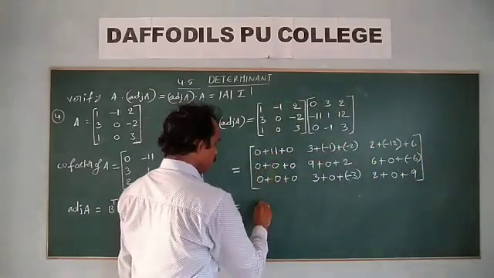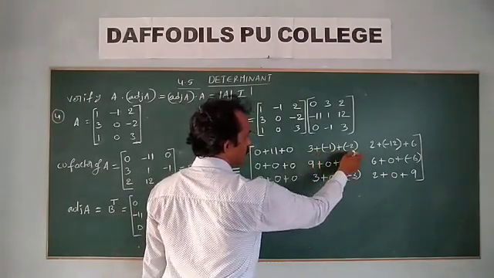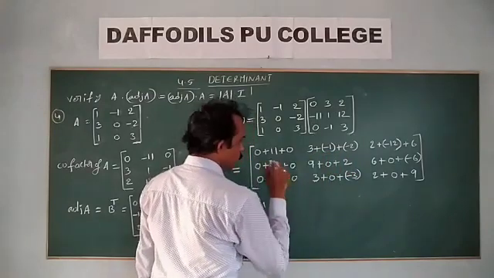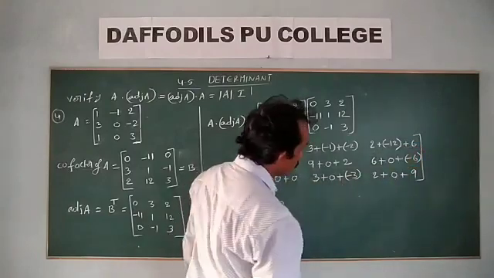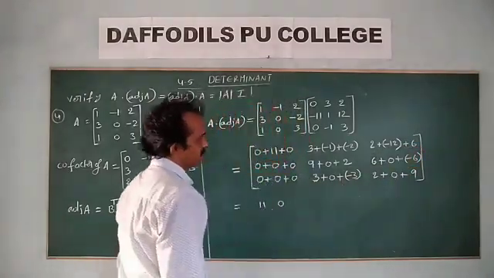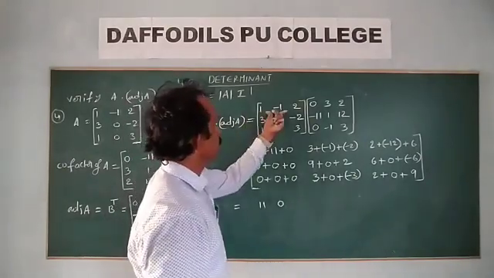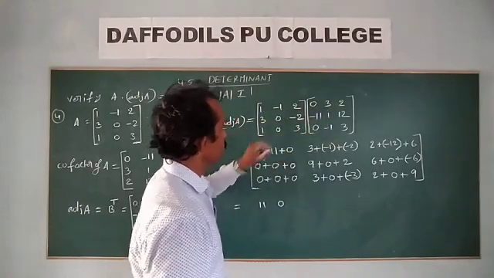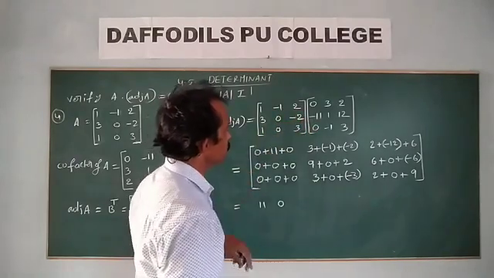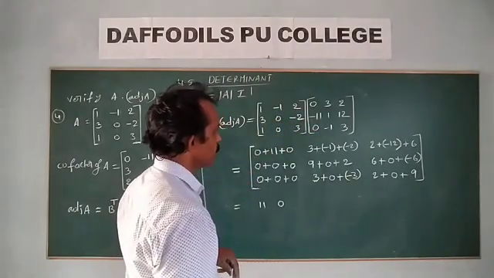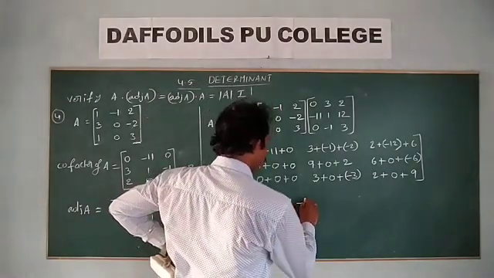So we get 11, 3 minus 1 minus 2, minus 3, 3 minus 3, 0, minus 12 plus 8. Looking at the first row, third column: 1 into 2, 2, minus 1 into 12, minus 12, 2 threes are 6, so minus 12 plus 8 minus 4.